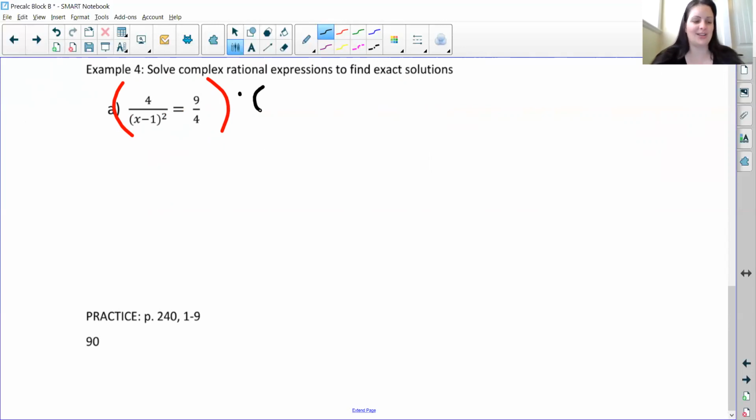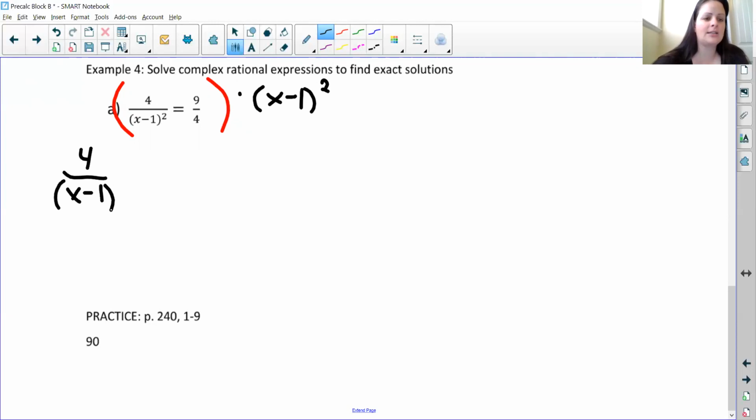We can't do it with expressions because then we change the value of the expression, but we can do it with equations. So we're going to multiply everything by x minus 1 squared. That's going to be 4 over x minus 1 squared times x minus 1 squared equals 9 over 4 times x minus 1 squared.